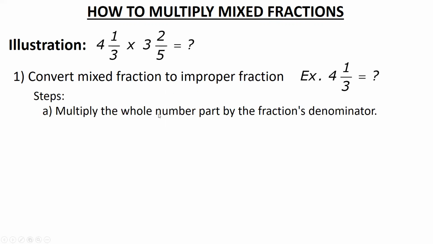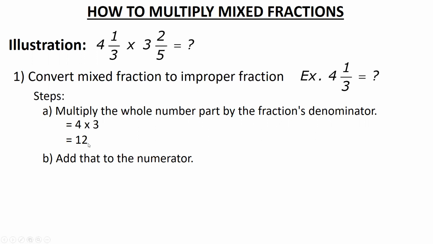First step is to multiply the whole number part by the fraction's denominator. So that would be 4, the whole number part, multiplied by the fraction's denominator, 3. So that would be 4 times 3 equal to 12. Second, add that to the numerator.